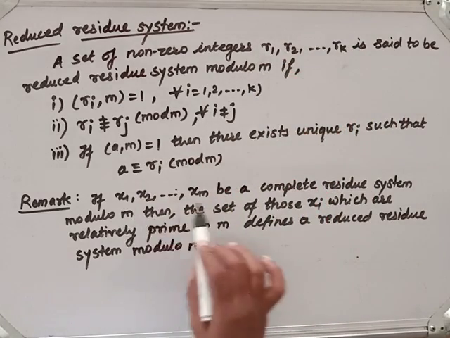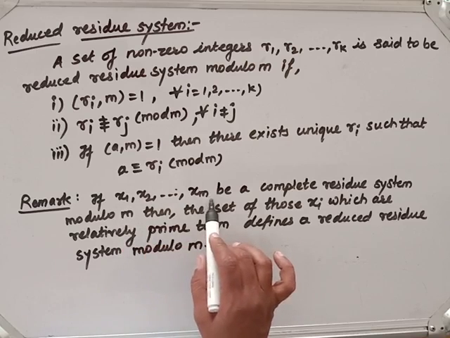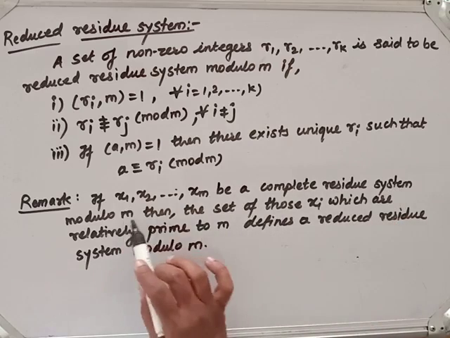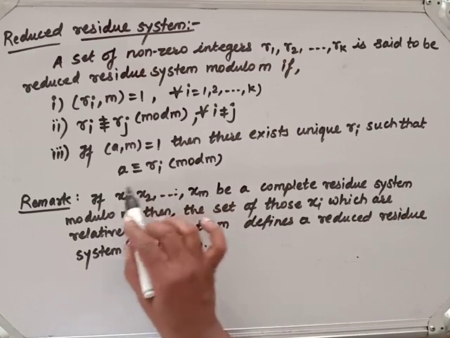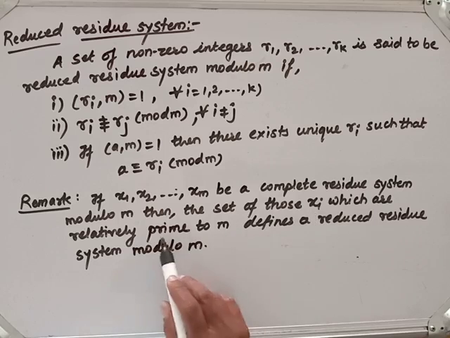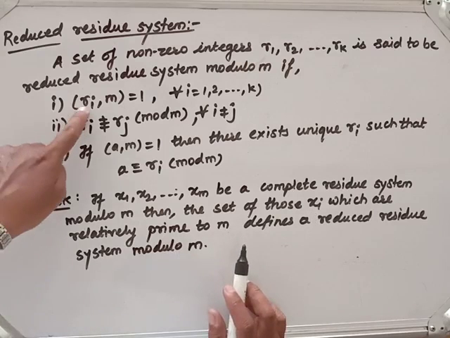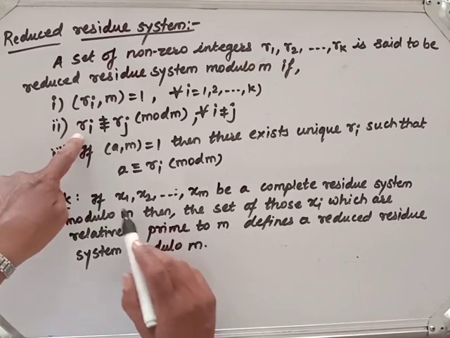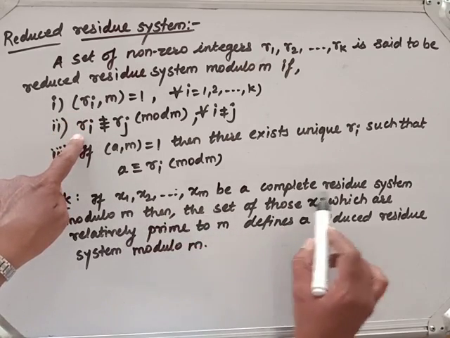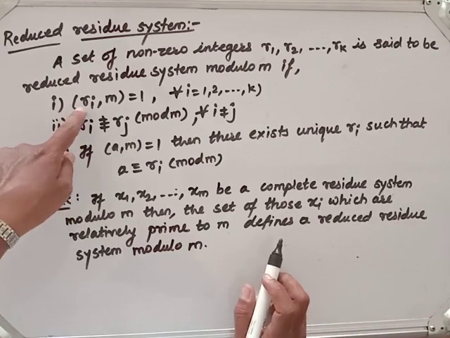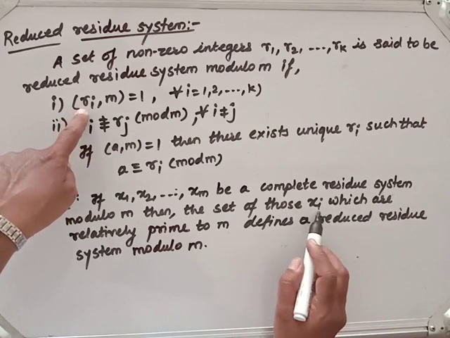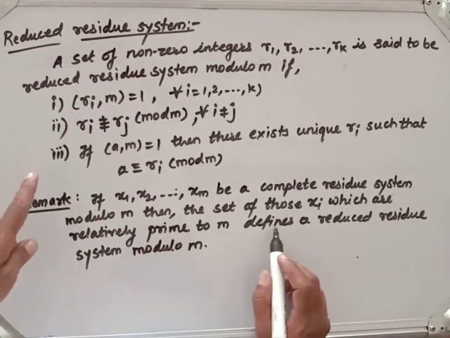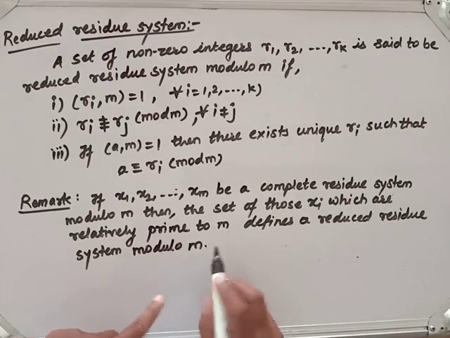So what this remark says is, if these m integers form a complete residue system modulo m, then we collect those xi's which are relatively prime to m. Obviously the second condition will be satisfied, as this is a complete residue system. So simply we collect those xi's which are relatively prime to m. That defines a reduced residue system modulo m.